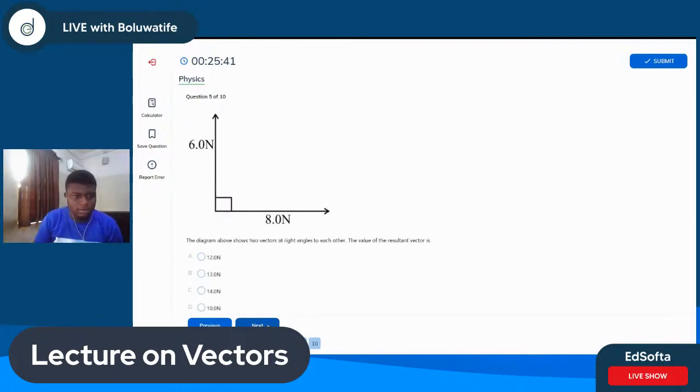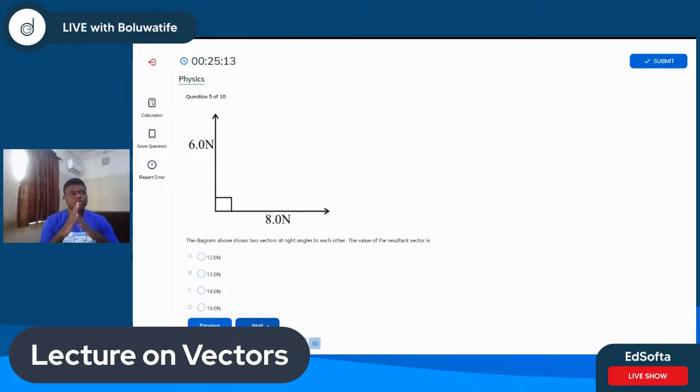Okay, resultant vector. This is pretty simple. To find the resultant, we're going to use the Pythagoras technique. Because we're writing JAMB, there's this thing called Pythagorean triples, where a group of numbers form the opposite, adjacent and the hypotenuse.